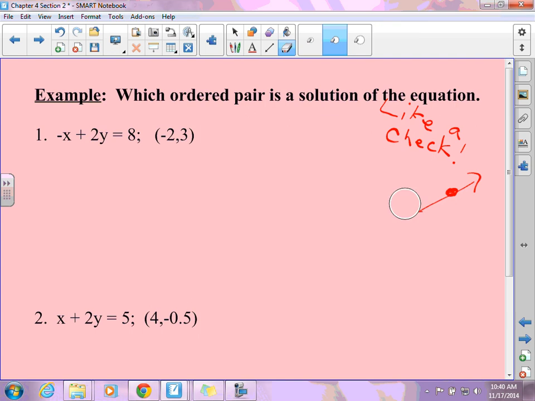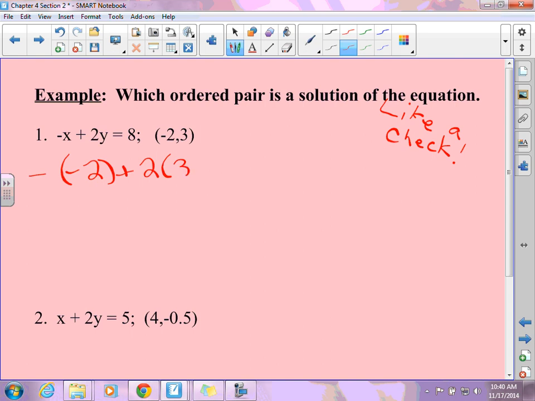So that's what we're checking to see, is it a solution or not. So we're going to be using the check like we did with hands-on equations. So I'm going to put in negative negative 2 plus 2 times 3 equals 8. I have minus a negative, which is your, chop, chop. So 2 plus 6 equals 8. And I get 8 equals 8.